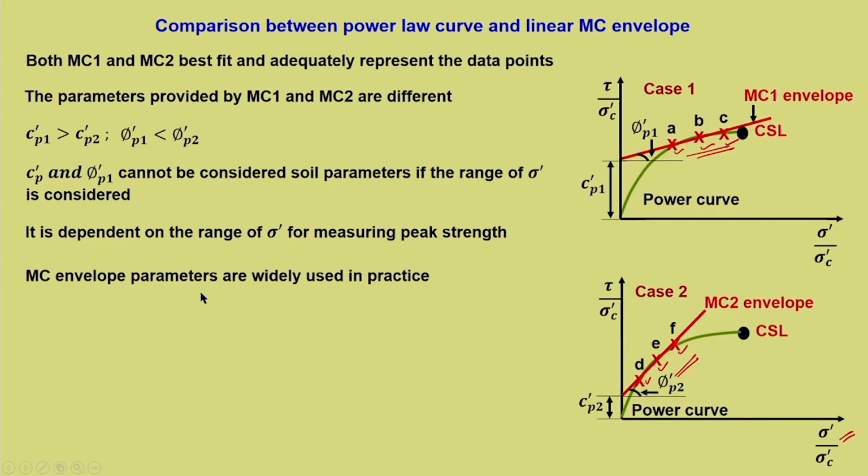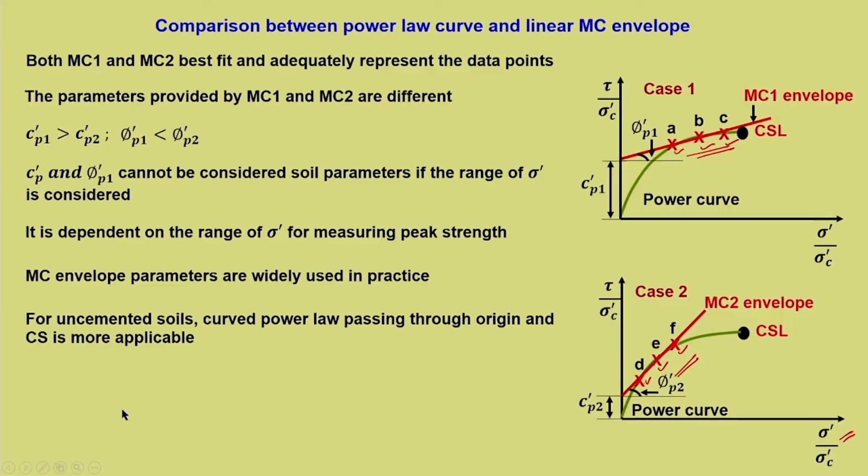MC envelope parameters are widely used in practice because we never look at the power curve. What we are interested in is the representation using Coulomb's envelope. All the numerical evaluation, even all the programs that we use, are basically based on the Mohr-Coulomb failure envelope.